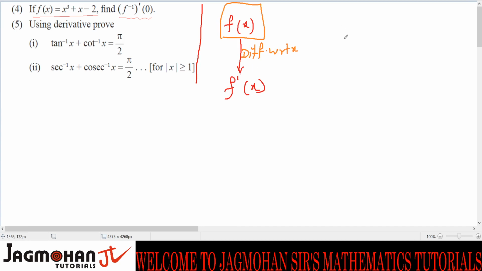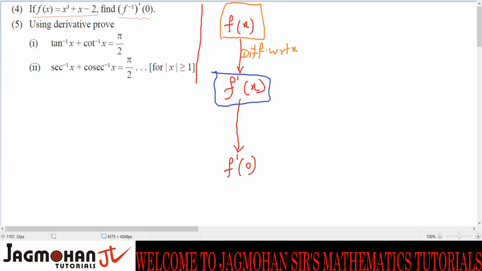So, students, the next question to you is, after getting f dash x, what should I do to get f dash 0? Once I have got f dash x, what should next be done in order to get f dash 0?